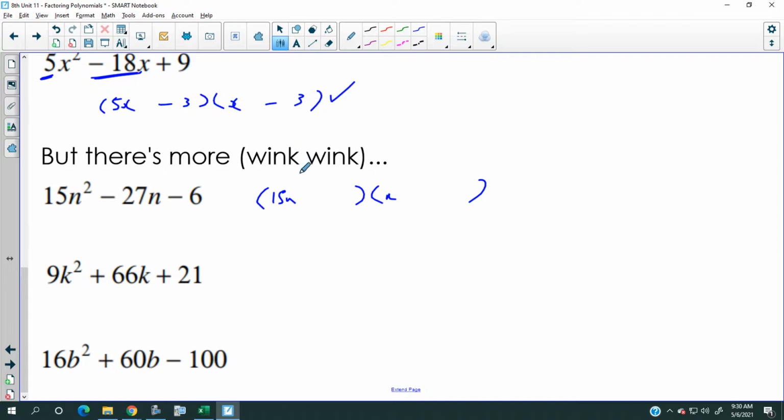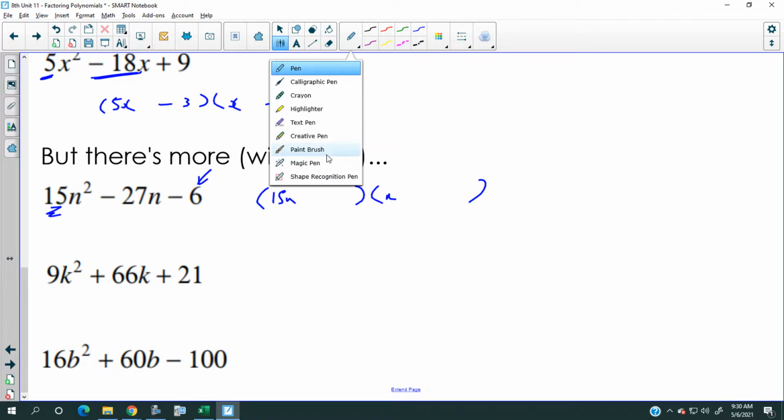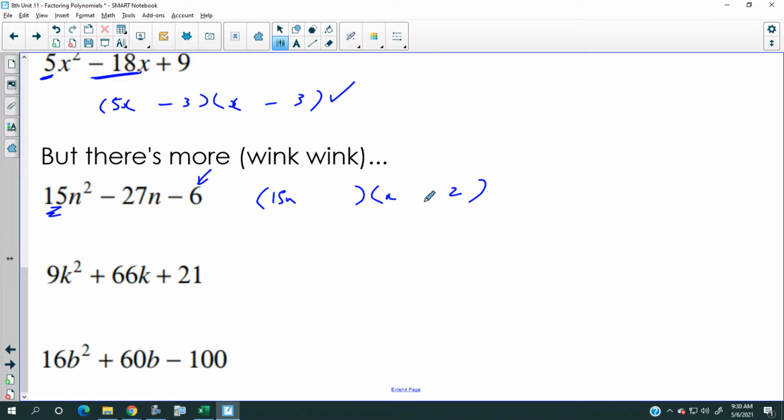So now let's see. Now I'm thinking, because I saw the 15 here, and I also see the 6 here, and I know I need a 2 and 3 to make the 6, right? And I'm thinking, well, if I put 2 here, I could make 30 already, right?